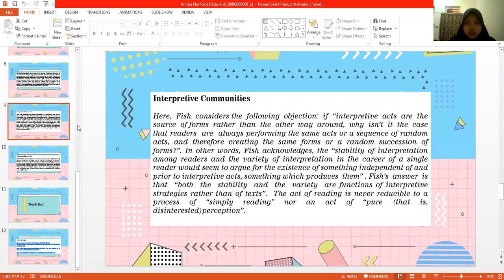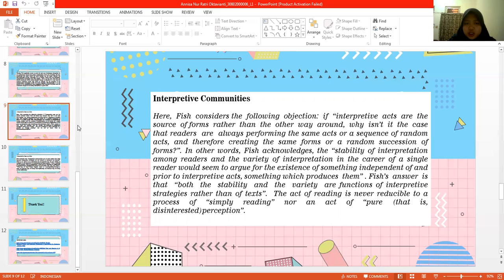In other words, which acknowledge the stability of interpretation among readers and the variety of interpretation in the career of a single reader, would seem to argue for the existence of something independent of and prior to interpretive acts, something which produced them.